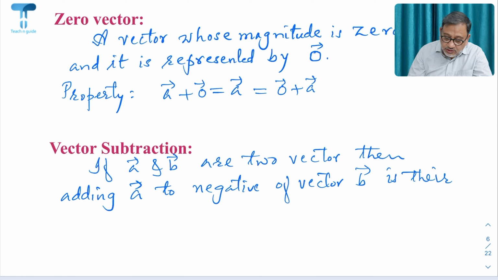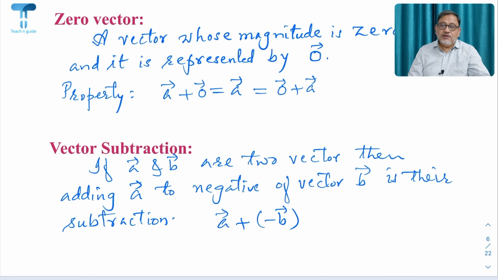So how are we going to write it? A plus negative of B. This will be called their subtraction.